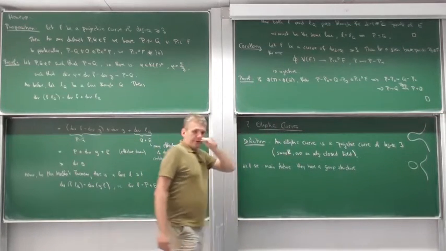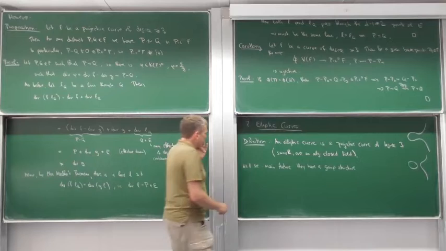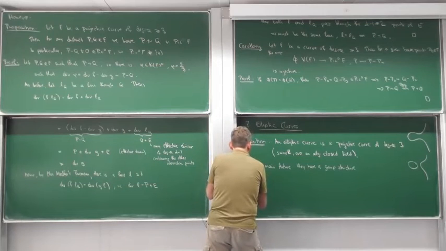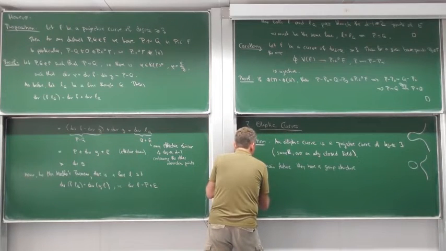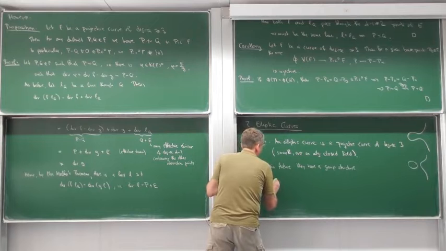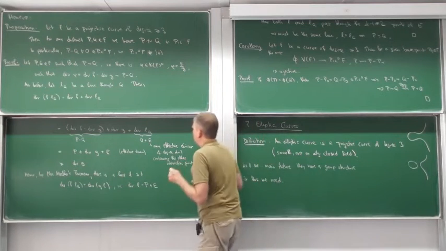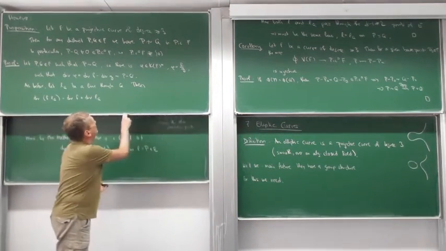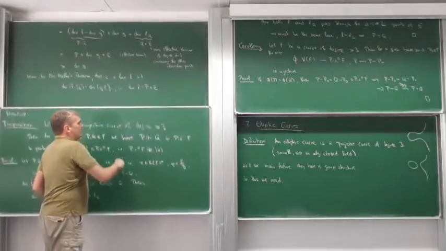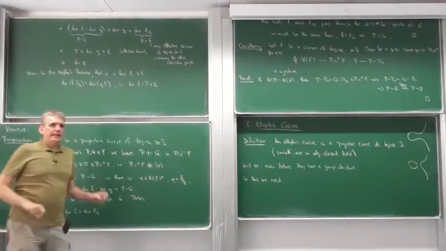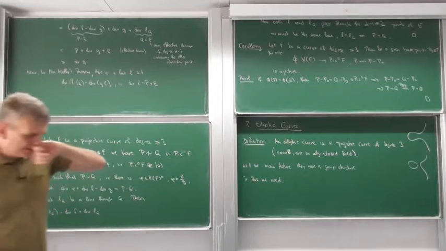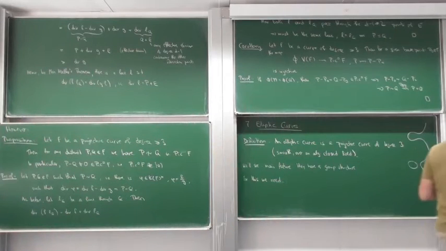So the idea for that is the following. For this, we need the following construction. We need to use divisors. The degree 3 case is special in that it allows us to define an operation on the set of all points on the curve.